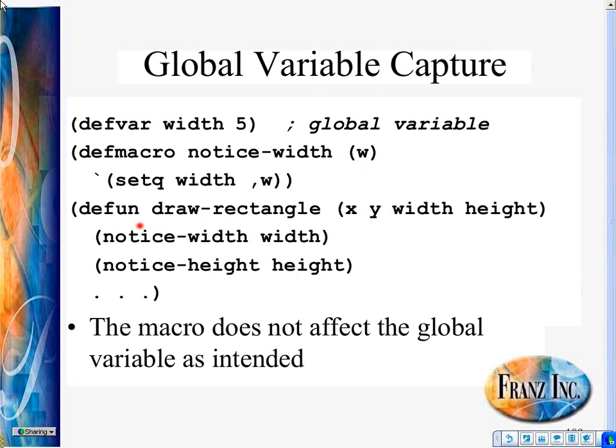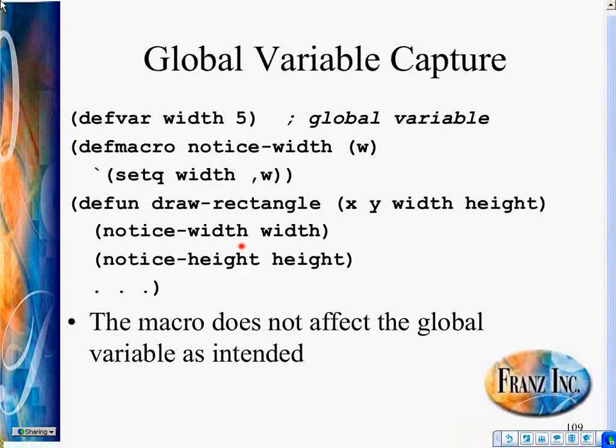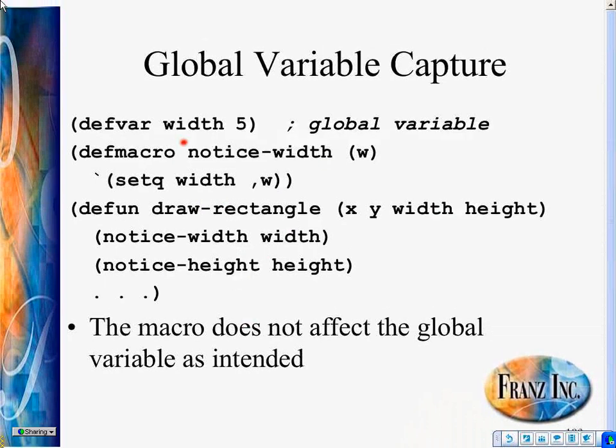And here we have a function, draw-rectangle, which has width as an argument. And so it calls notice-width on height, and it calls notice-height, which we haven't defined, but imagine it's the same thing, on height. And the thing is that because we have set this as an argument, this won't actually affect the global variable width.